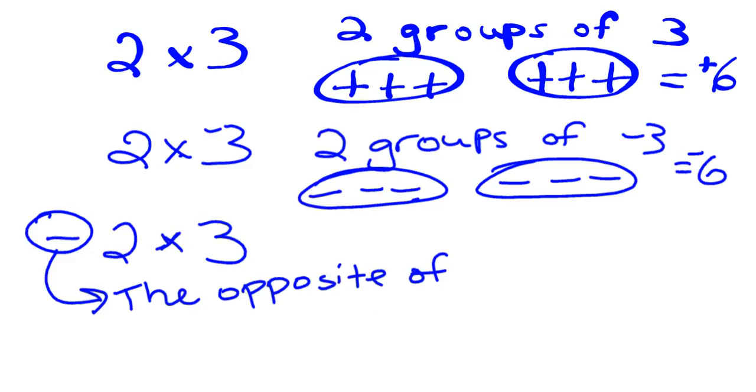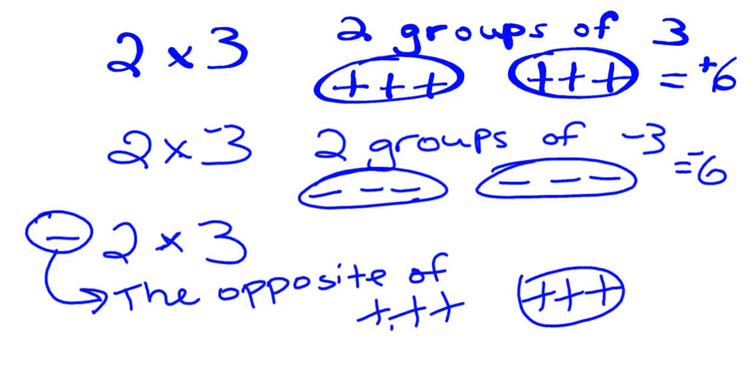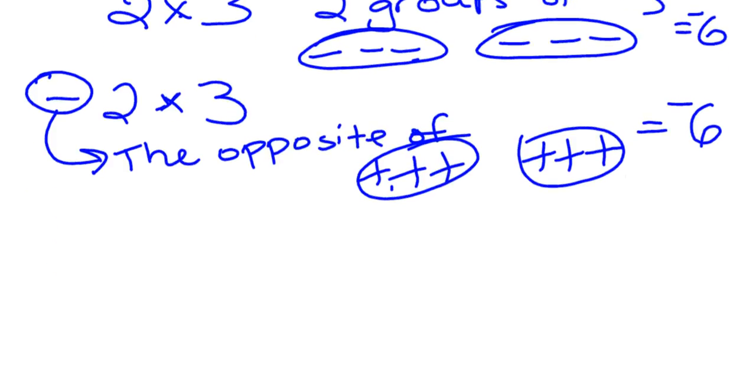So I'm going to have two groups of +3. But then I have the opposite of, which is the opposite of +6 is -6. So here's the final explanation.